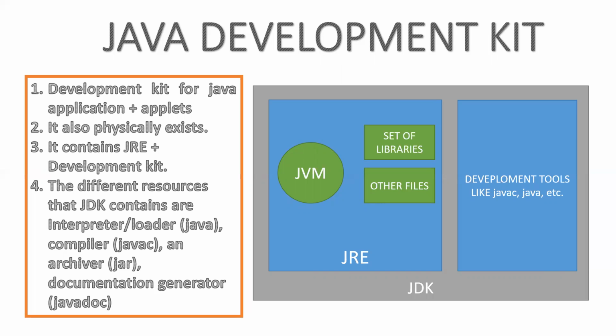When we club JRE and these tools together, we form the Java Development Kit. Definitely it is present inside your system. We have to download it, similarly again, from Oracle, and if you are downloading some IDE, then with the IDE all these things get downloaded. So the Java Development Kit is the main composition which holds JRE, JVM and the development tools.